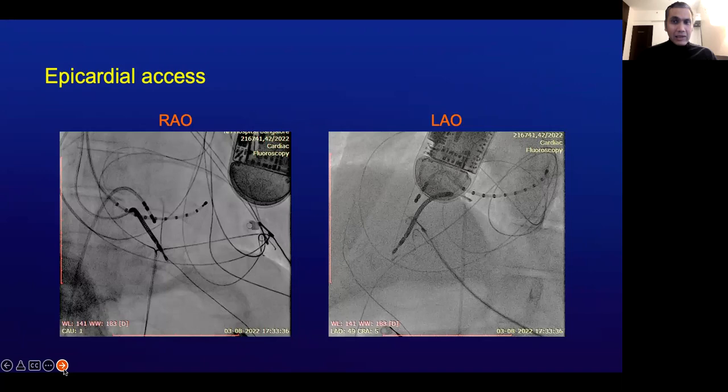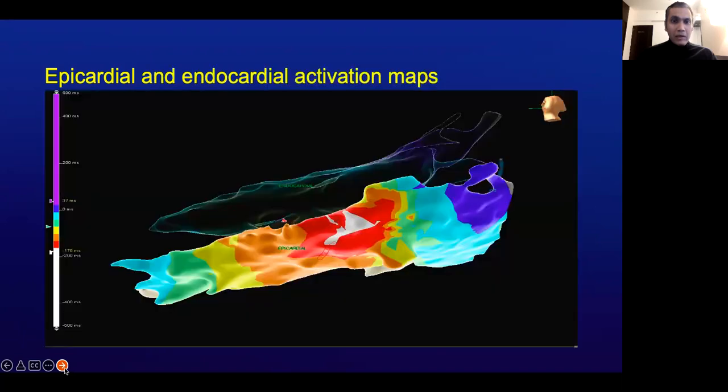Epicardial access was successfully achieved, after which we mapped the epicardium with the flexibility catheter. As you can see, there was some overlap between the areas of clustering of isochrones in the activation maps in the endocardial and the epicardial maps.